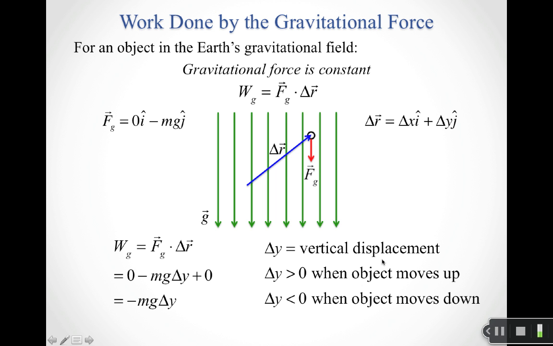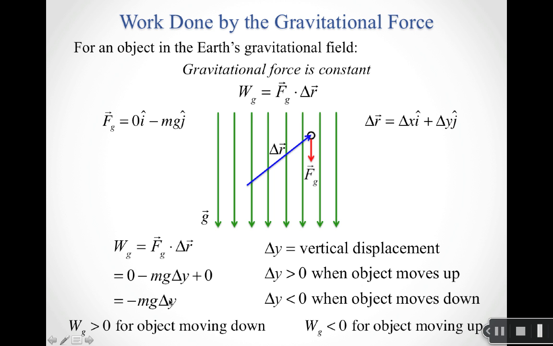And as a displacement, we do have to take into consideration which direction we pick to be the positive direction. So it is built into this equation that as the object moves up, that has a positive vertical displacement. An object moving down has a negative vertical displacement. So we know that the work done by the gravitational force on an object moving down needs to be positive, and so something's got to cancel out this negative sign.